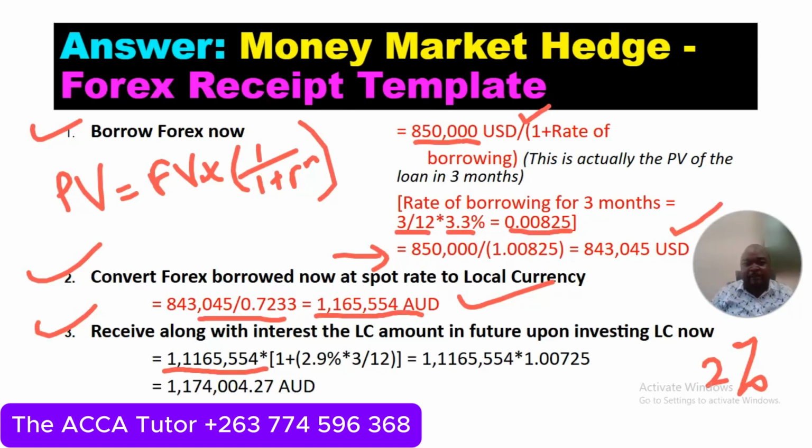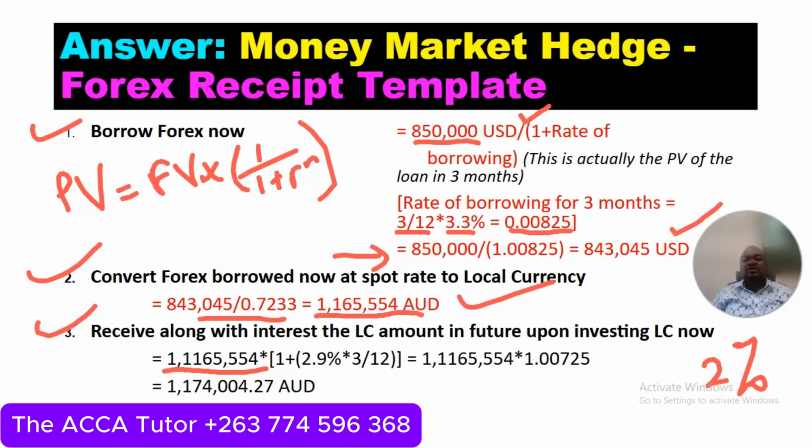If you put money in the bank, the banks are not just going to eat your money with bank charges. No, in Zimbabwe, they are going to give you some return on your investment. When you put the money in the bank, there is some interest you are going to earn. That's what we are talking about here by investing.